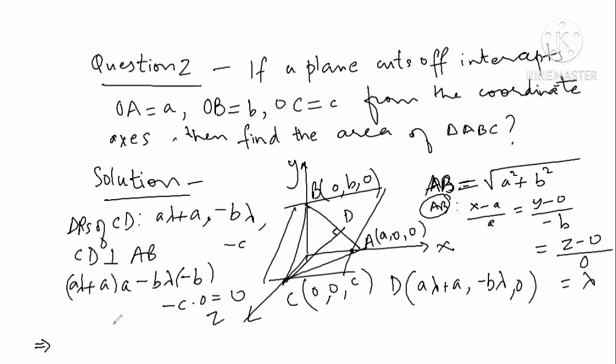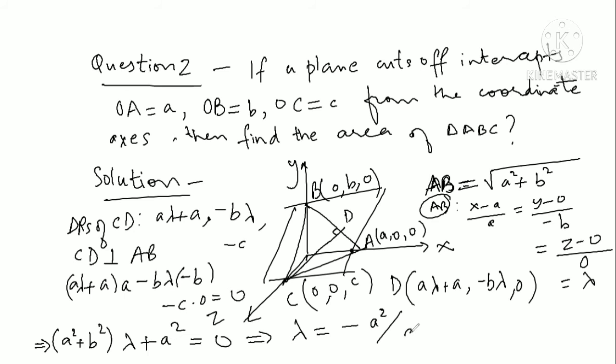So a square into lambda plus b square into lambda, so a square plus b square into lambda plus a square is equal to 0. Therefore we get the value of lambda as minus a square divided by a square plus b square.